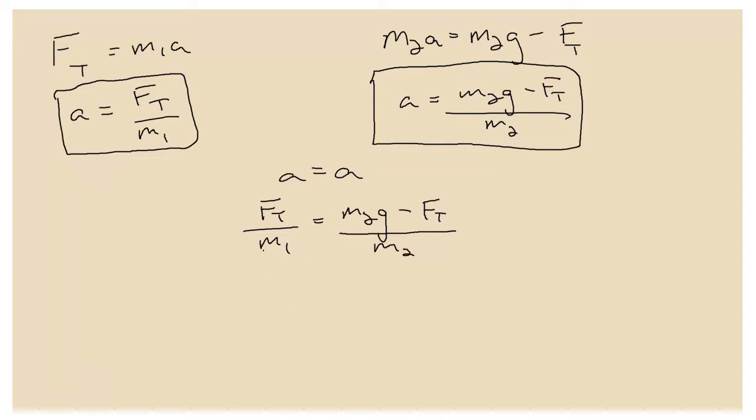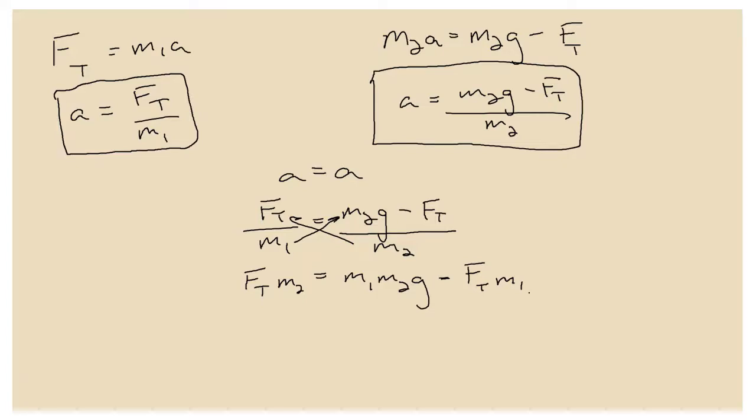And to solve this for the tension, the first thing we got to do is just make this not a fraction. So we cross multiply. We bring the m1 over there, we bring the m2 over here. So on the left-hand side, we get Ft times m2. And on the right-hand side, we get m1 times m2g, because we got to distribute this thing. And then we get minus Ft times m1.